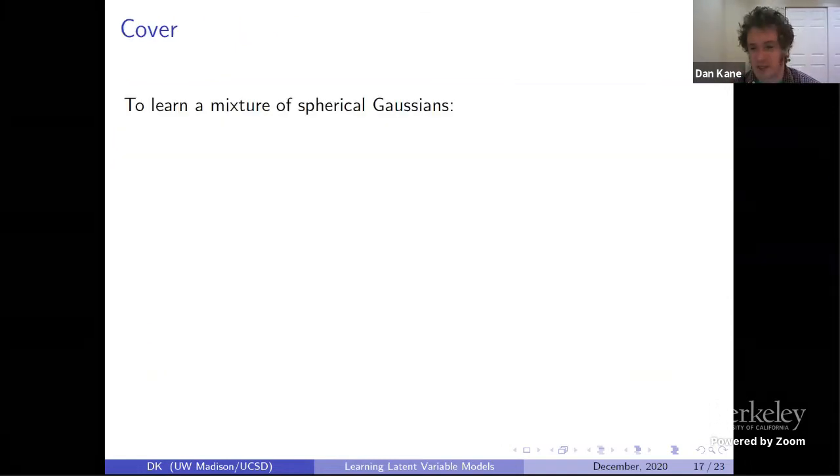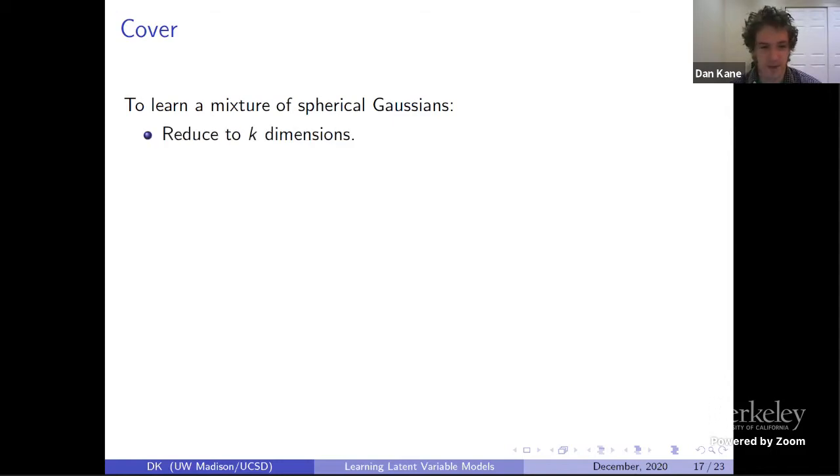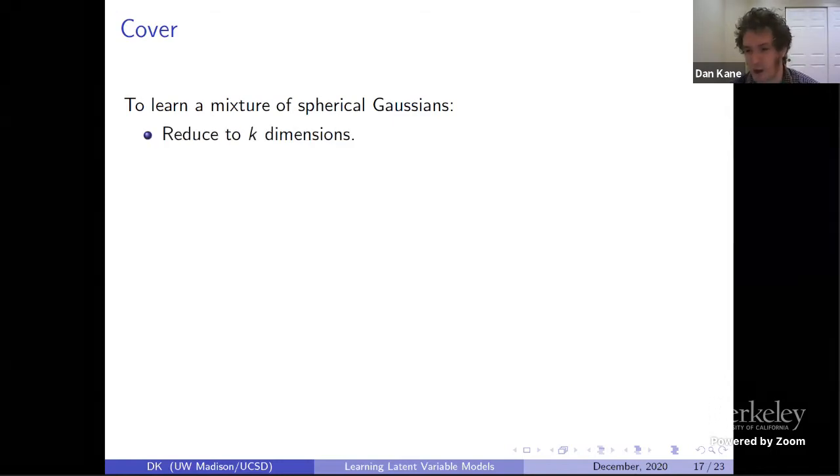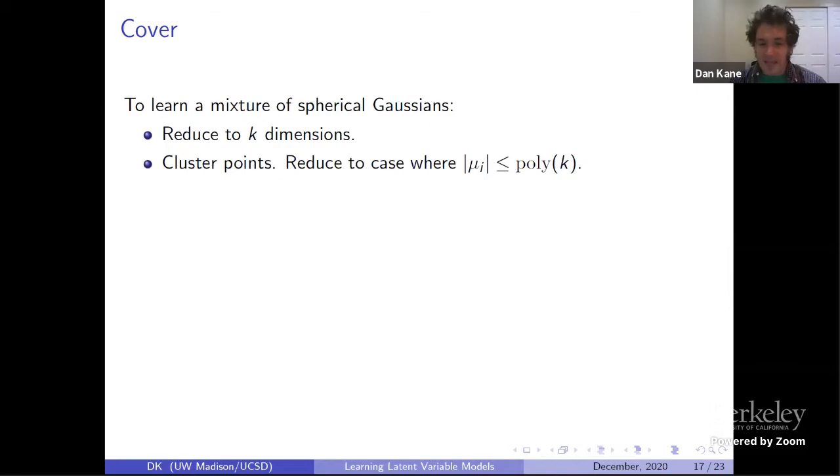So we want to learn this mixture of spherical Gaussians. Firstly, we reduce this problem to k dimensions using the basic dimension reduction that we've already talked about. The next step is to cluster the points. There are some relatively easy things that you can do to reduce to the case where all of your means have absolute values, say, polynomial in k.